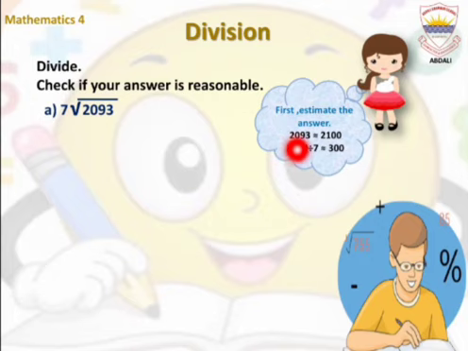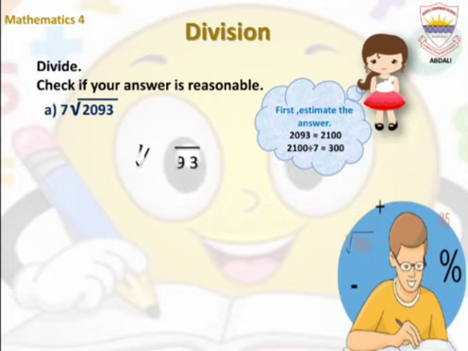Student, we estimate 2093 up to the hundreds place, because at the hundreds place 0 is written. At the tens place 9 is written, so 1 is added at the hundreds place. So 2093 is approximately equal to 2100. Now student, we divide 2100 by 7, we get 300.